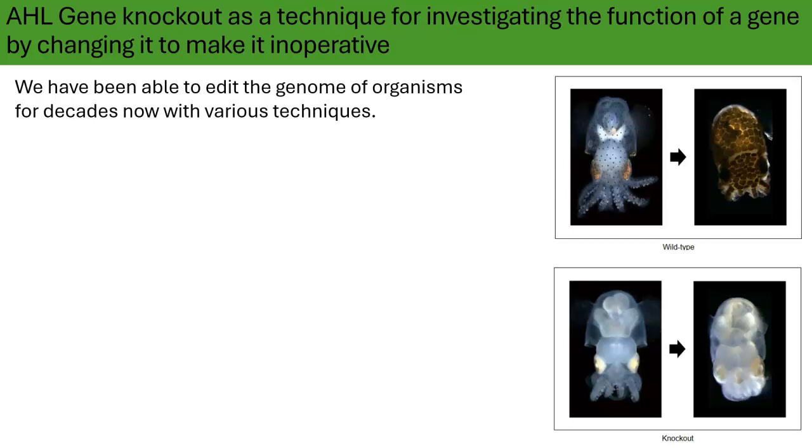Now, we've been able to edit genomes of organisms for decades with various techniques, from the very early techniques involving radiation, increasing the rate of spontaneous mutations, but then being able to produce DNA and introduce it to other organisms, either via injecting zygotes or using various viruses loaded with a specific genetic trait.